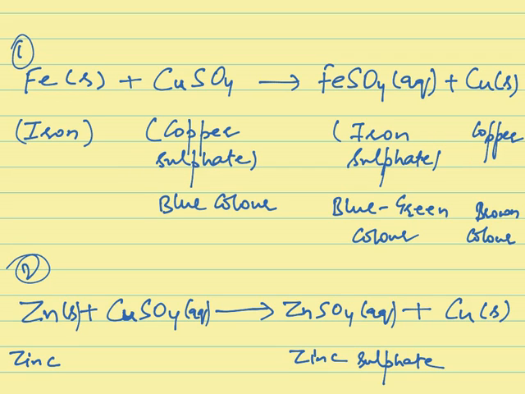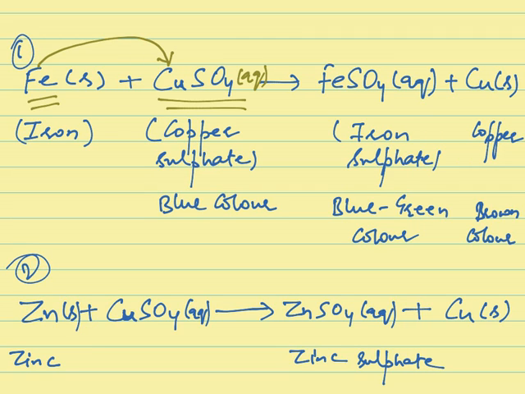What is actually happening is that this iron, which was in the form of nail, iron nail, it reacted with this copper sulfate solution, the aqueous solution of copper sulfate, and during the reaction this iron displaced or substituted copper from copper sulfate solution.